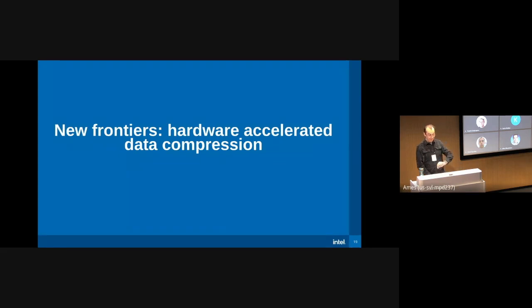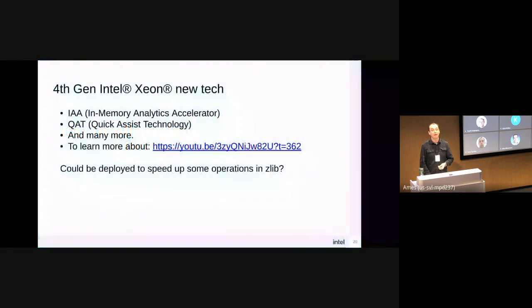Cool. All right, so let's talk about some really exciting developments, at least for me, that is exploring hardware acceleration for data compression. There are the fourth generation Intel Xeon processors.